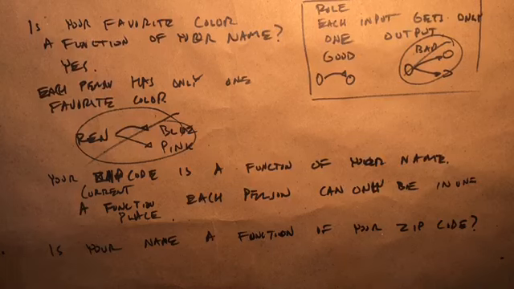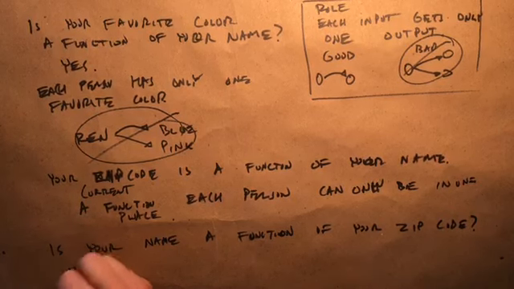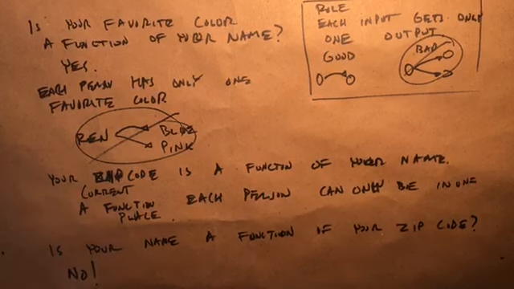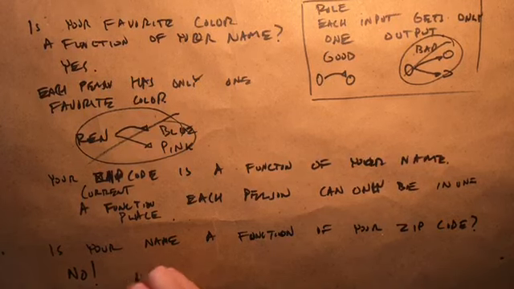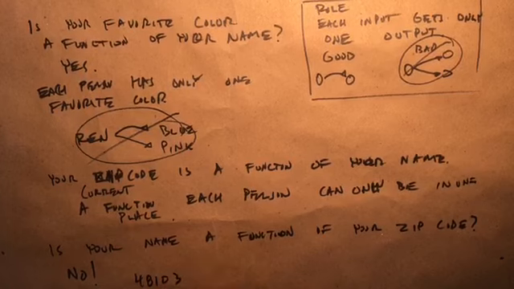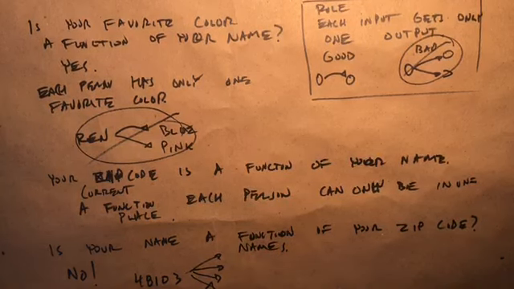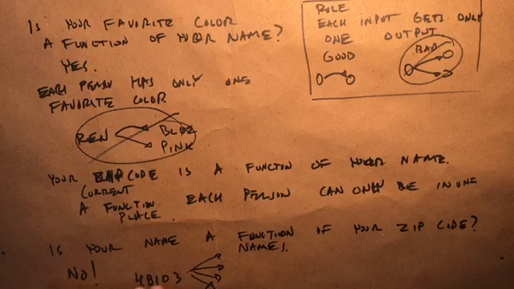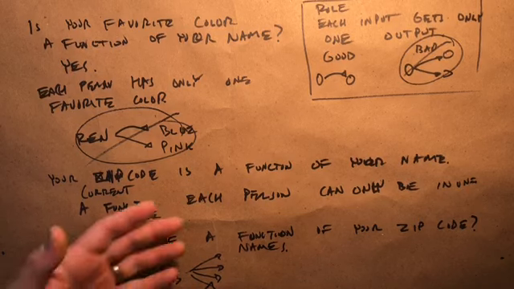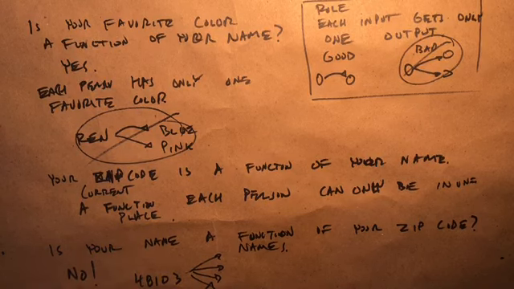And this, I think, is very clear that the answer here is no. If I give a zip code, there's going to be a bunch of names that come out, of which yours is one. But when I assign to each zip code, I get more than one name. This is not a function.